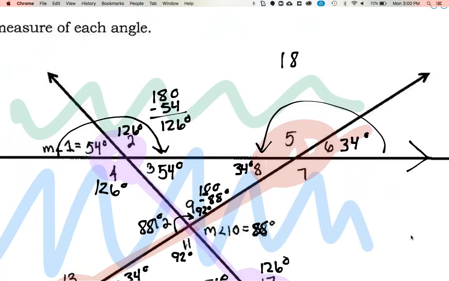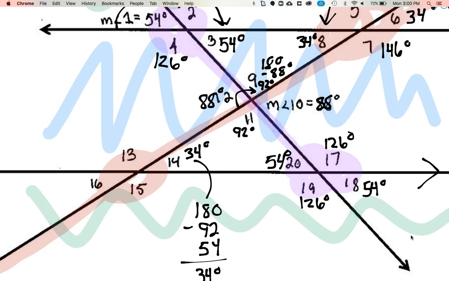This is 180, take away 34. So this is 146 degrees. And the same thing happens down here, 34 degrees and 146 degrees.